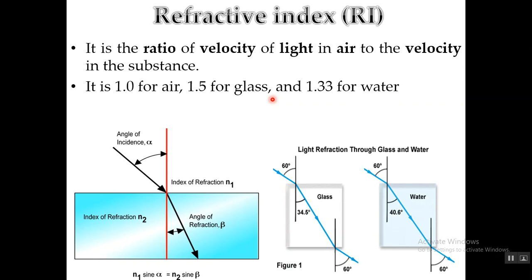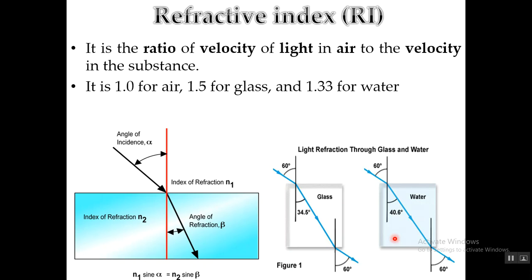If the light passes from a low refractive index like air, which is 1, to a high refractive index like glass, 1.5, it will be refracted near to what's called the normal. So in this condition, the medium will act as a convex lens.